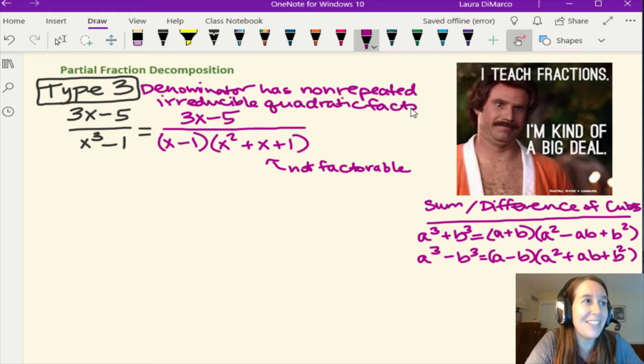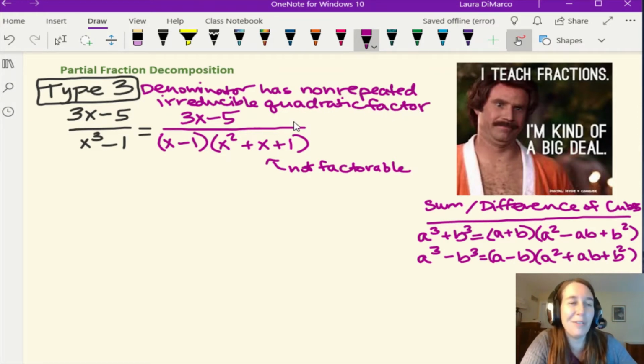Lots of big words there. I wrote down the definition to make sure I have every word correct myself. So the denominator has, so non-repeated, so it just happens the one time. And it's irreducible, so in other words, not factorable. We can't reduce it any further. It is a quadratic factor.